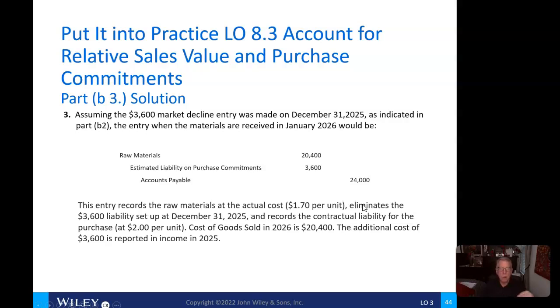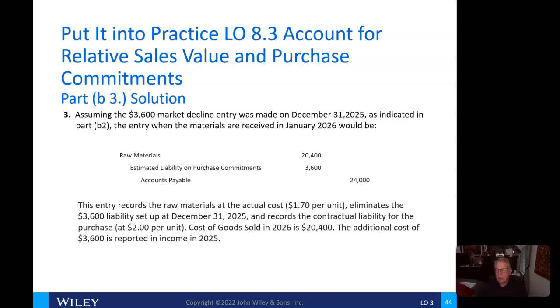This entry records the raw materials at actual cost, $1.70 per unit.